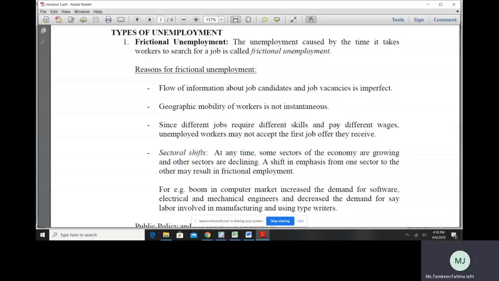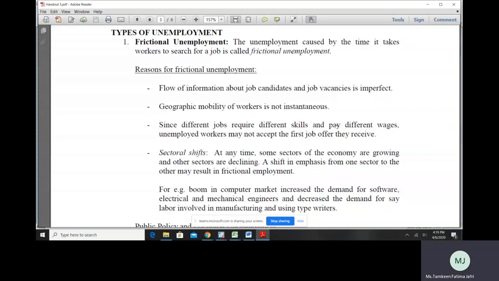For example, let's suppose there are 10 laborers and there are 10 jobs. Okay, for every person a job exists. So sooner or later these 10 people will be able to find the perfect job which is out there.